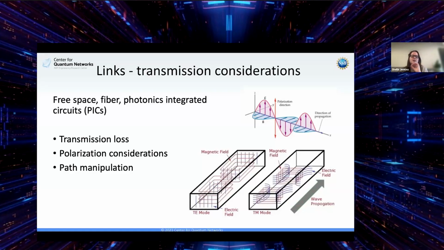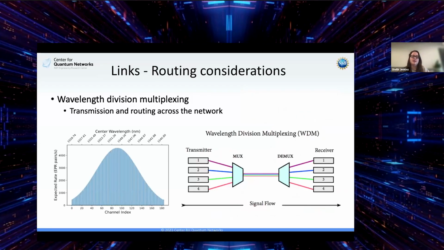Yeah, and then we'll talk very briefly about some further polarization considerations when we get closer to waveguide basics. But the other thing that we want to consider is routing. So like we said, we have this Gaussian spectrum output from our SPDC sources, where we can assume that at our peak, we've got about 4,000 EPR pairs for the peak channels, maybe a little bit more, 4,500 perhaps.